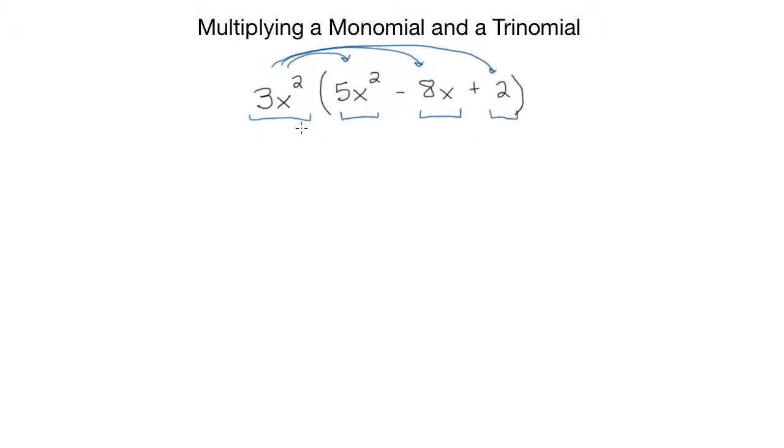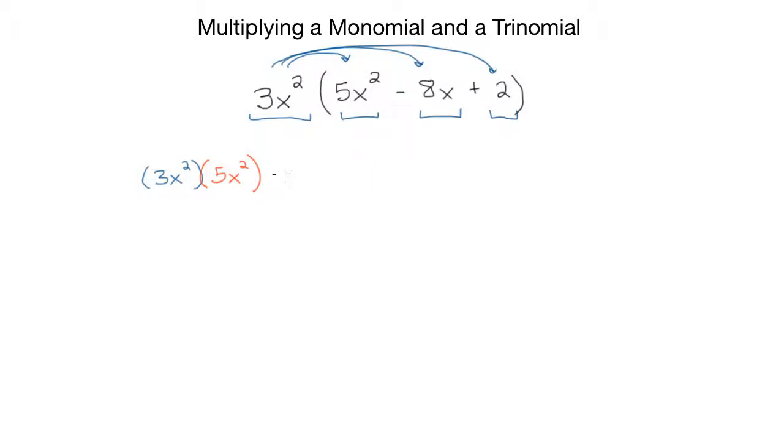So let me write it all out really clearly so we can see what's happening. We've got 3x squared, and that is going to be multiplied by 5x squared.